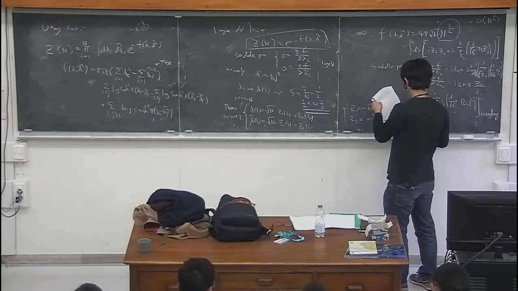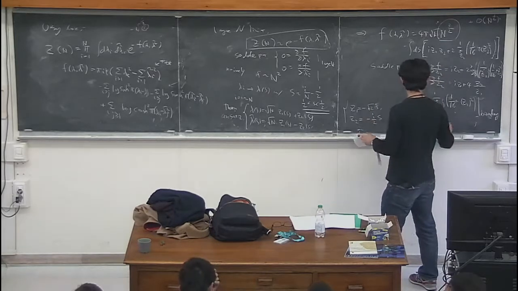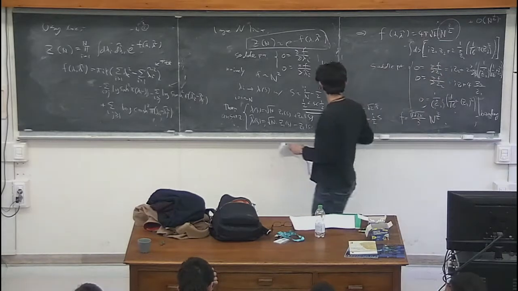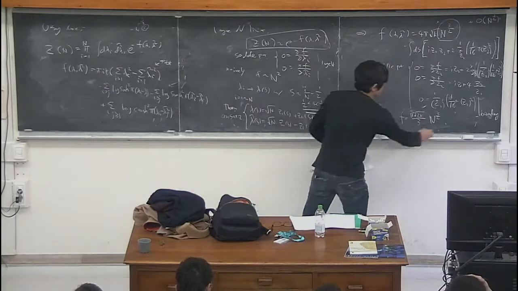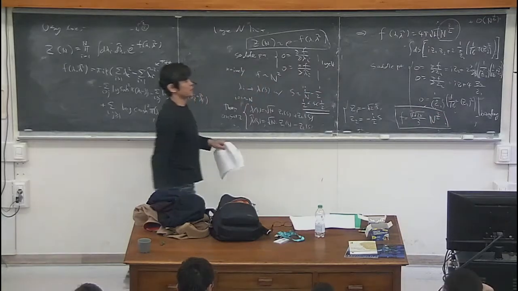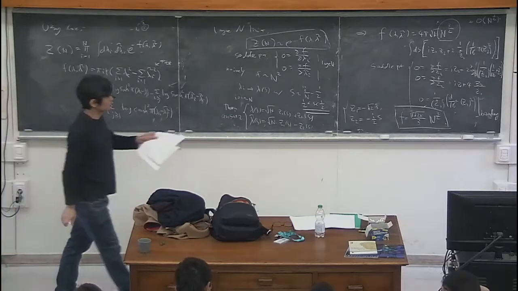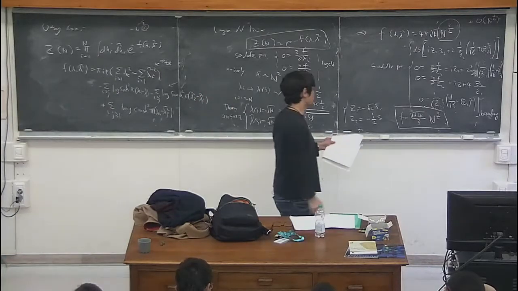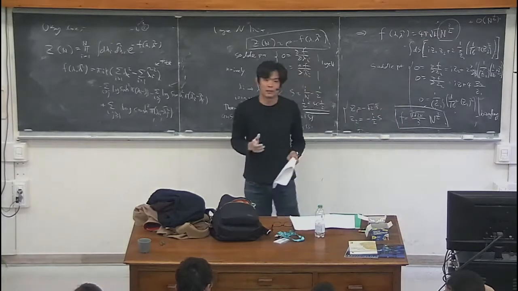Then inserting this one into this one again, this is the final result: the log of the partition function. And this precisely matches, including this coefficient, the gravity side computation.